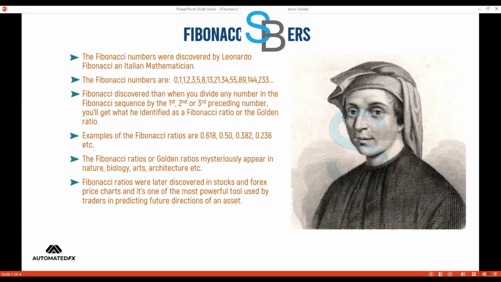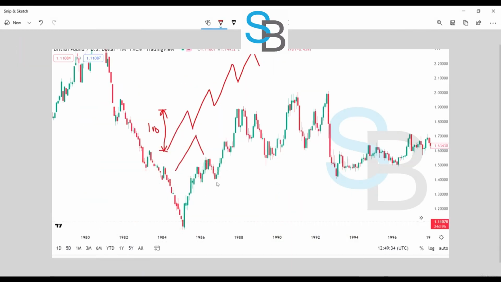In fact, the main levels are just 0.618 and 0.5. Whenever prices hit these levels, there is a very high chance for the trend to continue moving. So as you can see, it came here. This is most probably a Fibonacci level. Then this is also, and this also.